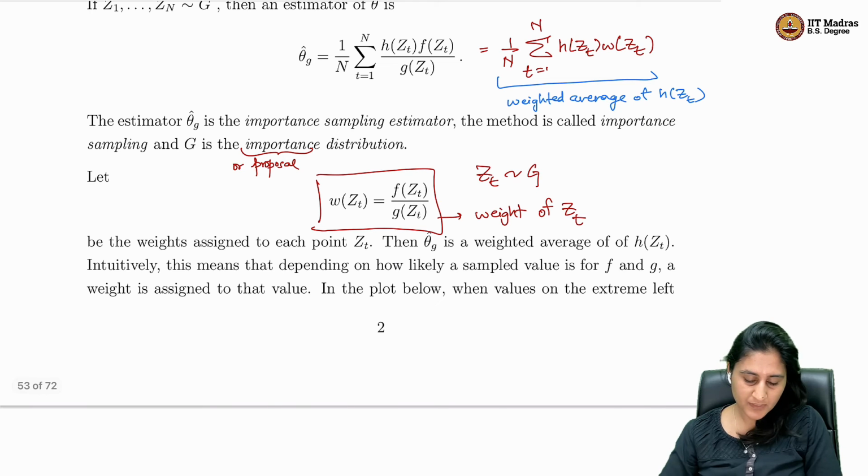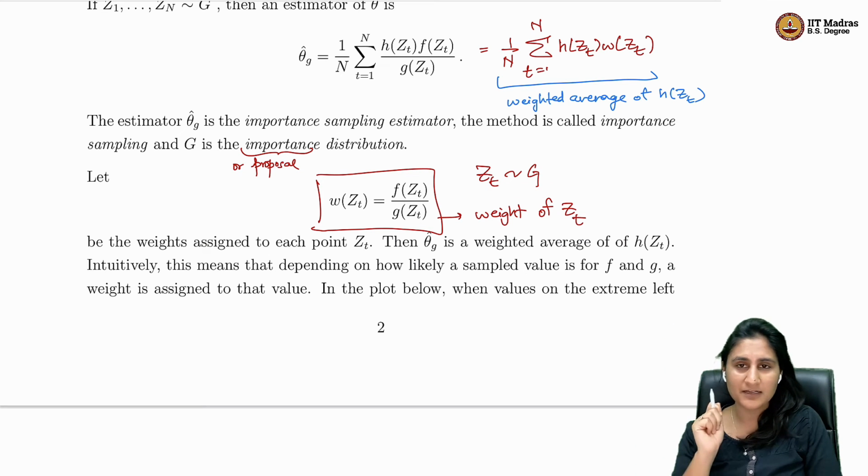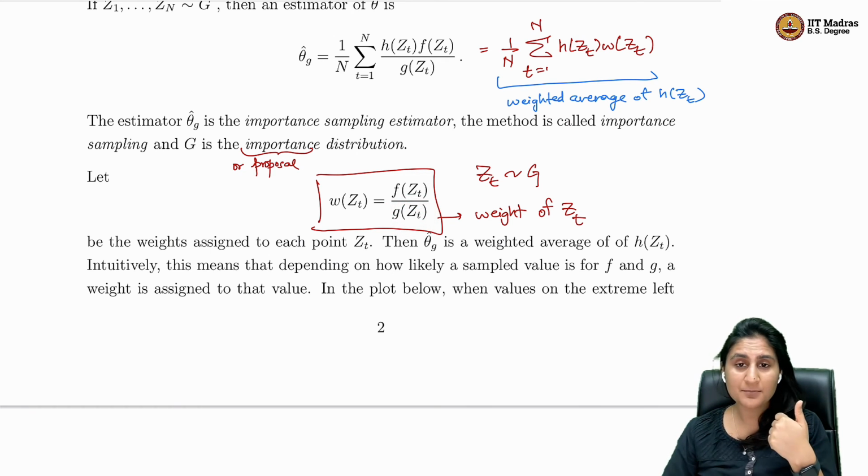Now, intuitively, this means that depending on how likely a sampled value is under f and g, a weight is being assigned. If I sample from an area of high probability under g, then this will be a large value. And if that sampled value is also in an area of high probability for f, then this will also be a large value.